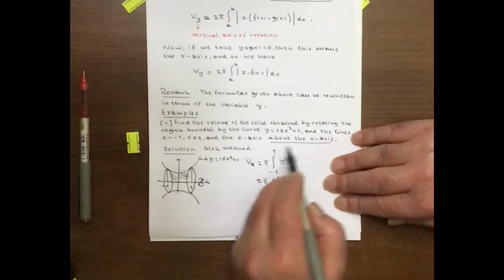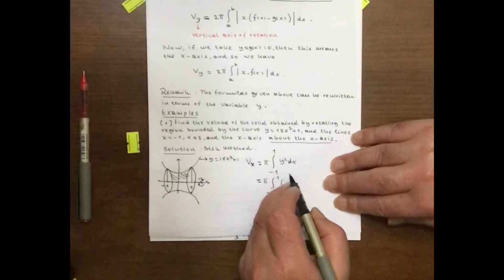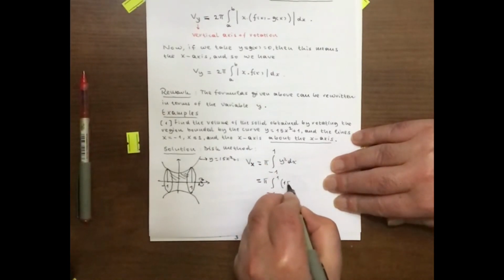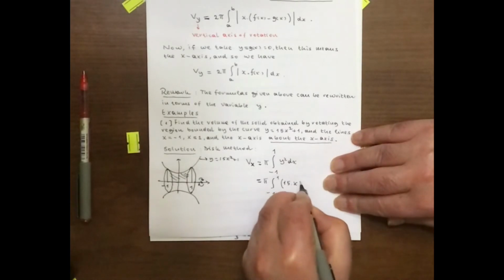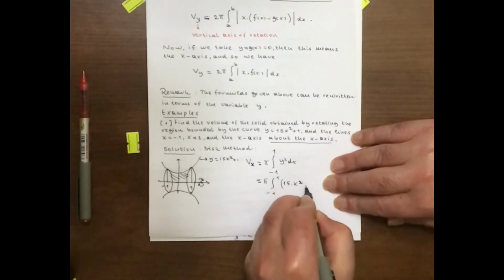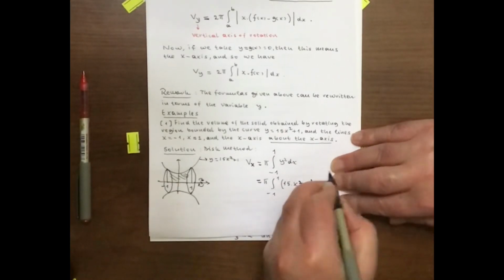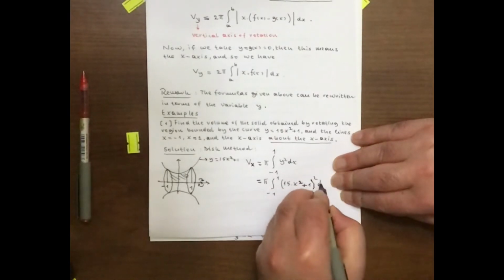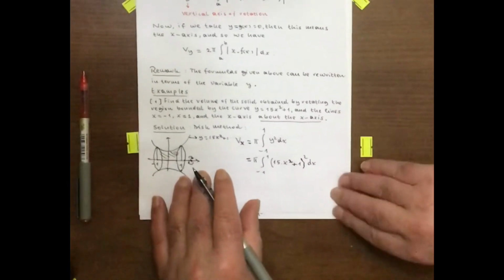What is our y square? 15 times x square plus 1, squared, dx.